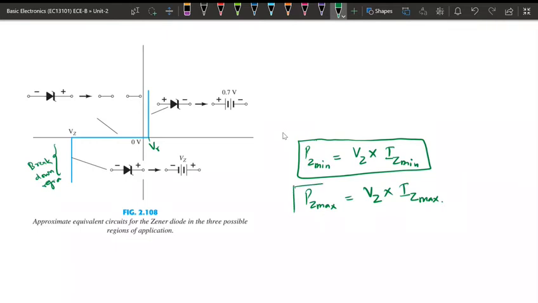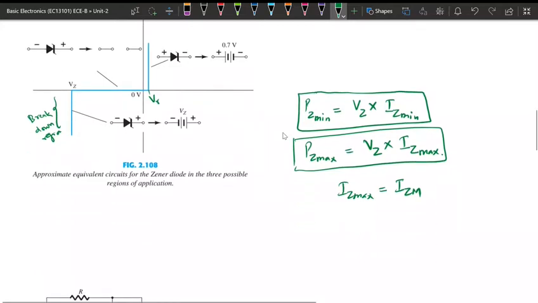the Zener diode. The maximum current that can flow through a Zener diode is given by IZ maximum, IZM. So when a Zener diode is given, its specifications will be given: the VZ value, its IZ maximum value, and its PZ maximum value.